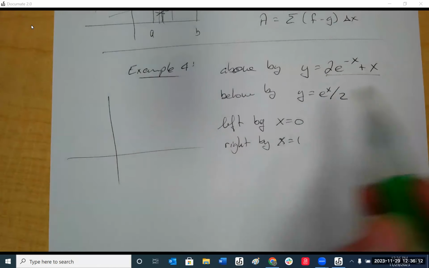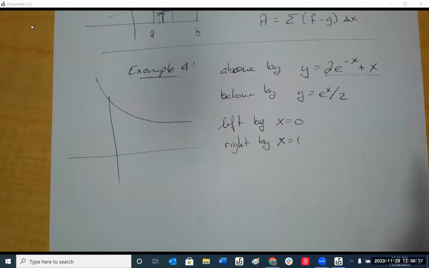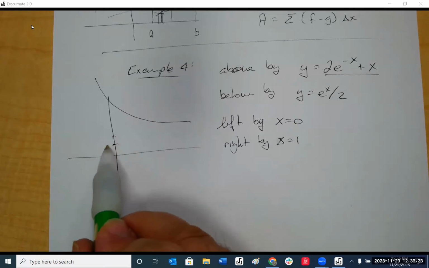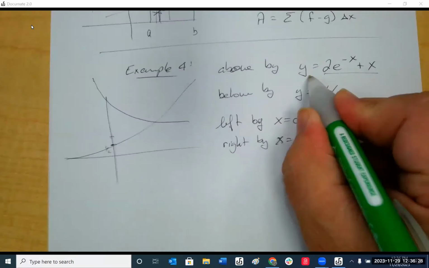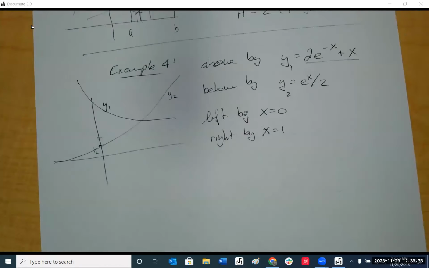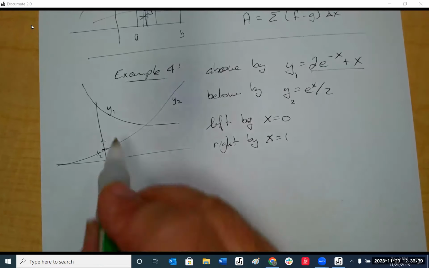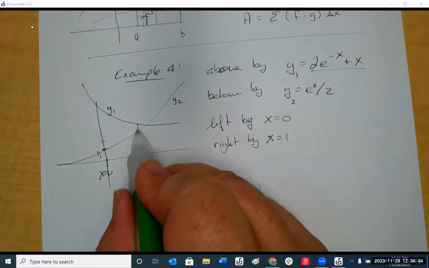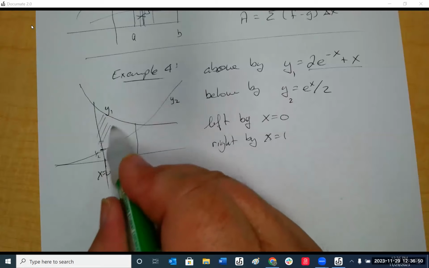So what this one looks like: since x has a negative exponent, it's a downward graph. This is x squared over 2, so it crosses at 1/2, and it's an exponential function. This is y1, this is y2. So we're going from 0 to 1. We're looking for this area.